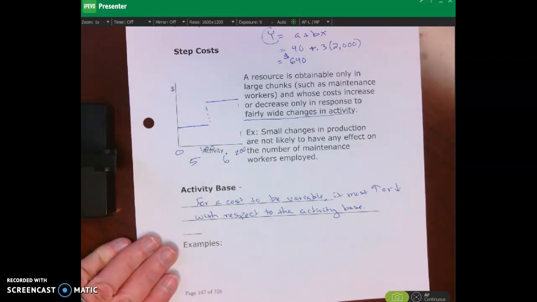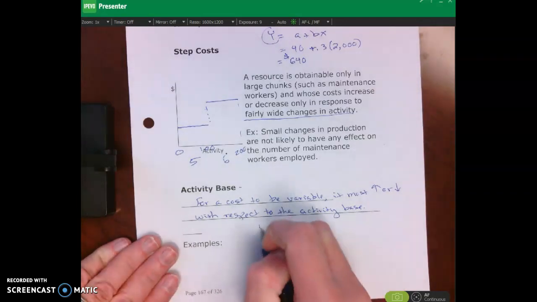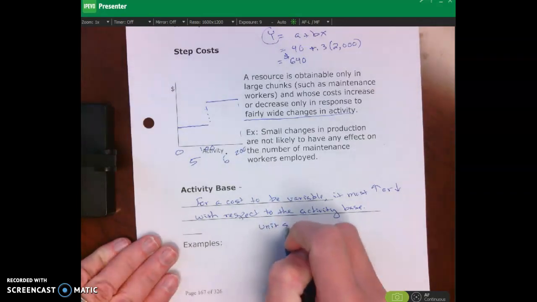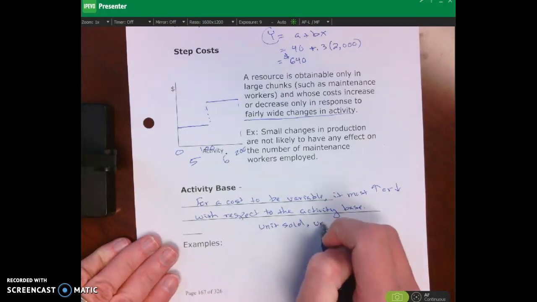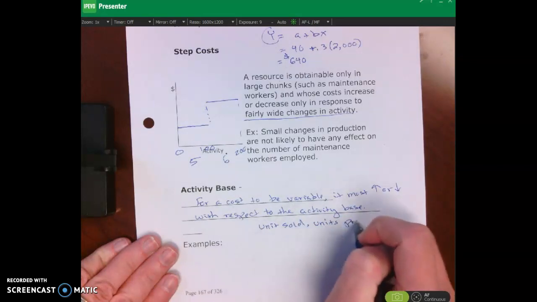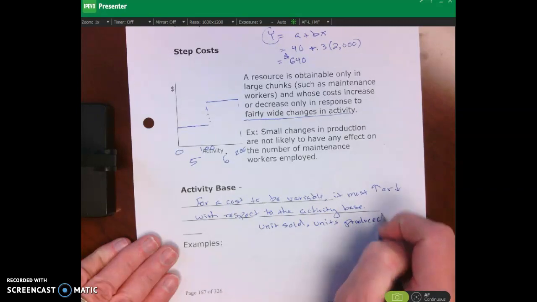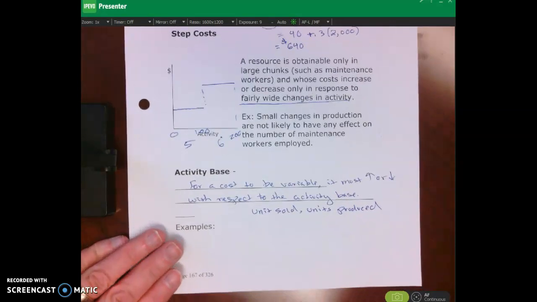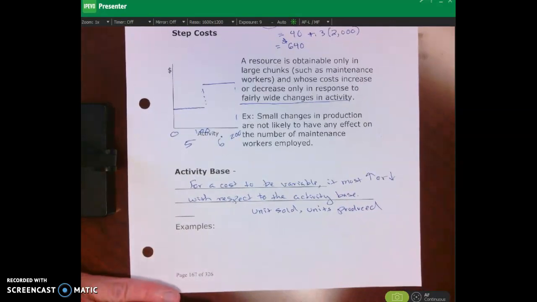An activity base could be units sold, okay, units produced, or as I was saying earlier, we have an IT help desk here at the University of Mary Washington. When somebody has a computer problem, they go down to the help desk, and what's the first thing that the help desk gives you? They give you a help desk ticket number.